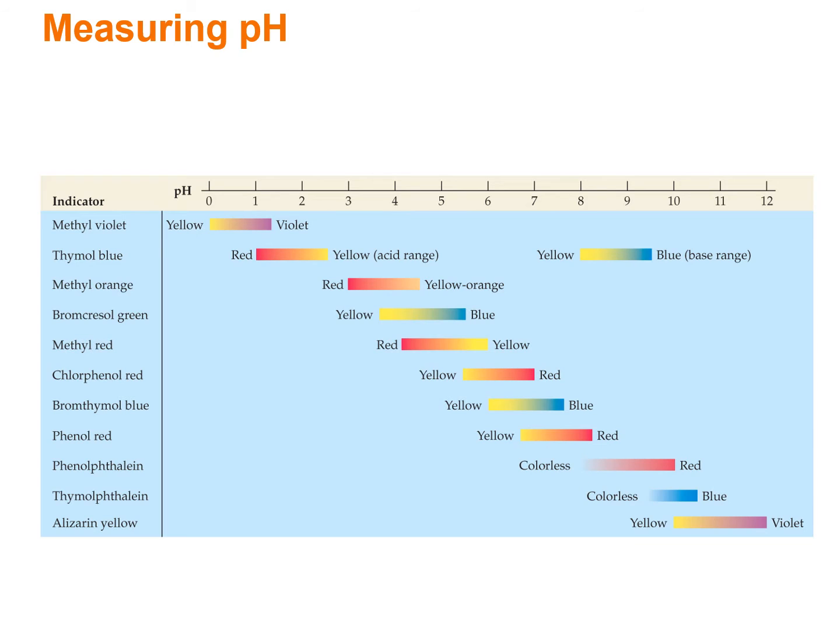We can see that you have some like thymol blue that change in 2 ranges, right? So it can change around probably 1.7, also about 8.5 or so, or 8.7. And so we can go to alizarin yellow. That changes around a pH of 11, so that helps us in the upper ranges when we're dealing with a very basic solution. And that's when we want to see some change.